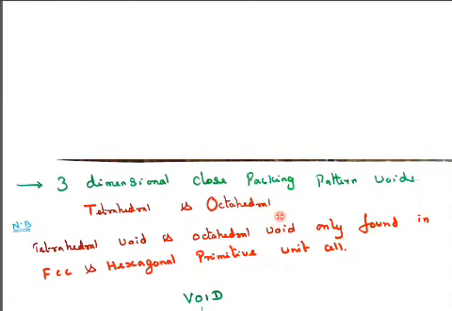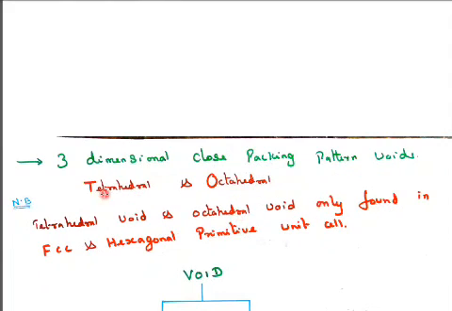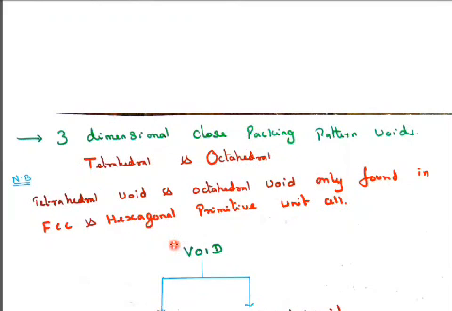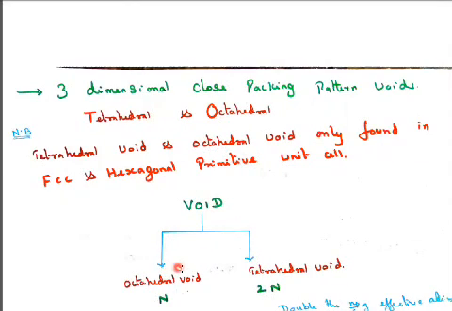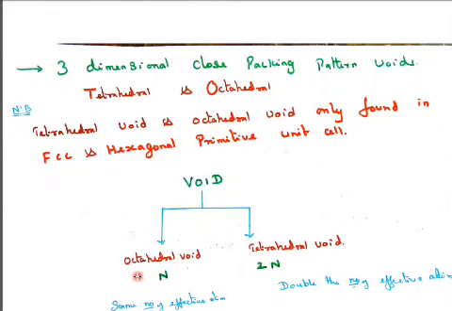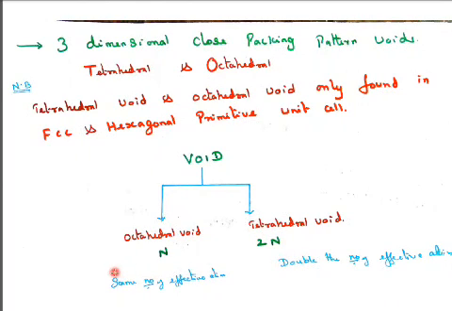Next, in three-dimensional close packing, the voids are tetrahedral voids and octahedral voids. These are found in FCC and hexagonal close packed units. Octahedral voids form 1n and tetrahedral voids form 2n. In a simple cubic, the effective number is 1, so 1 octahedral void and 2 into 1, 2 tetrahedral voids. For face centered, the effective number is 4, the number of atoms present per unit cell.